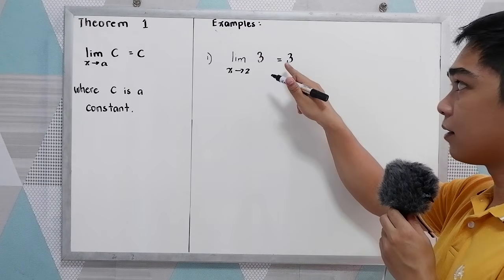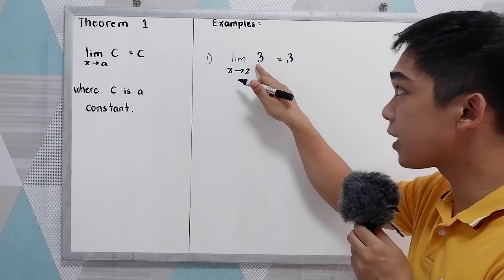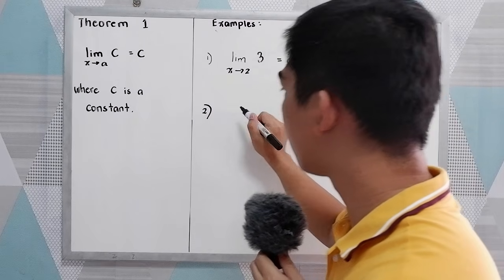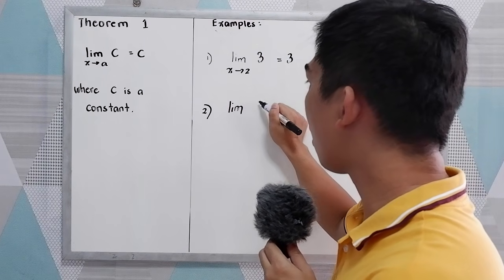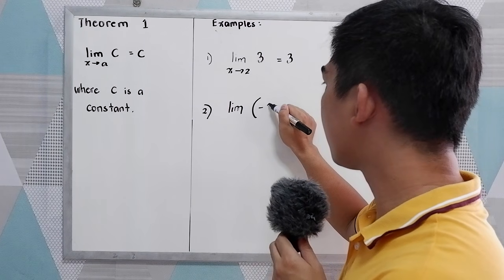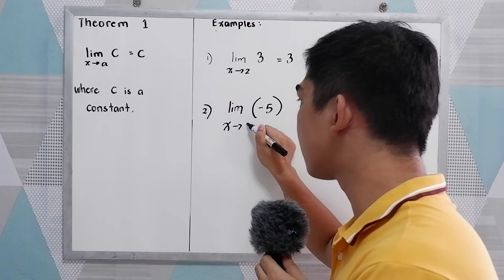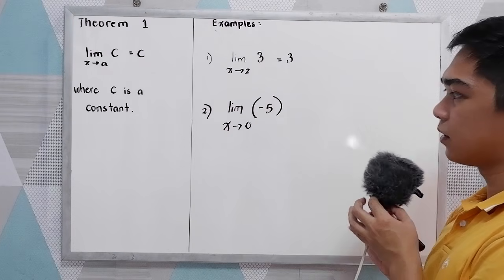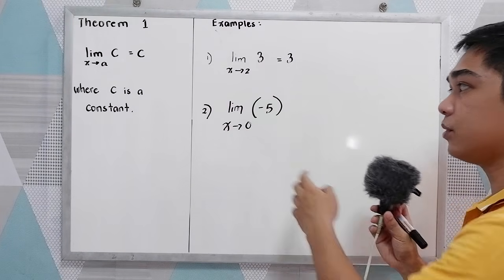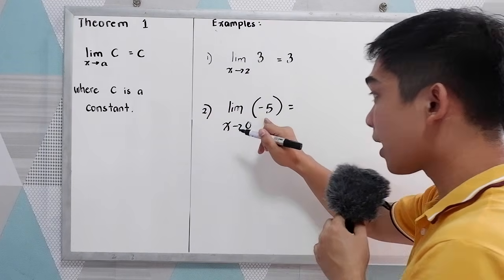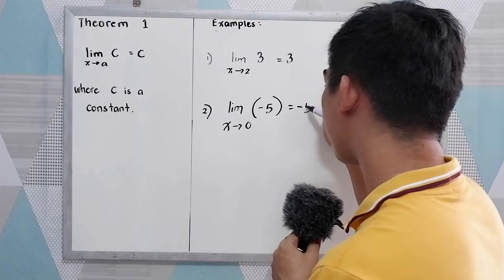It is still equal to the constant, which is 3. Second example, the limit of negative 5 as x approaches 0. As we are approaching 0, that is still equal to our constant, in this case negative 5.